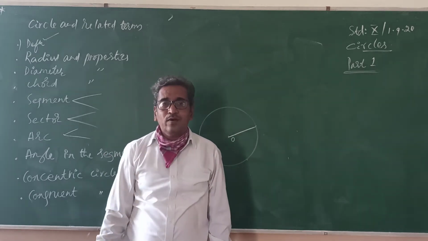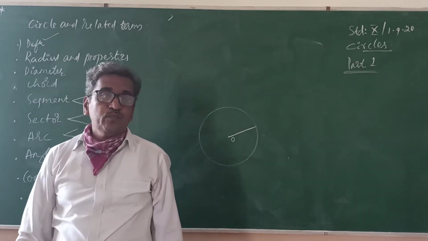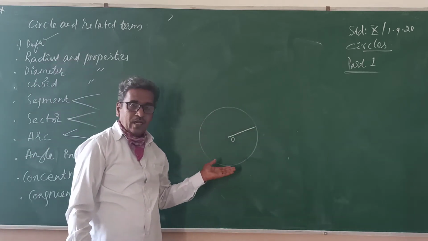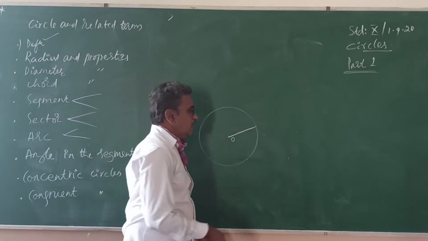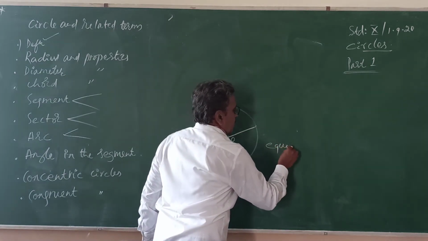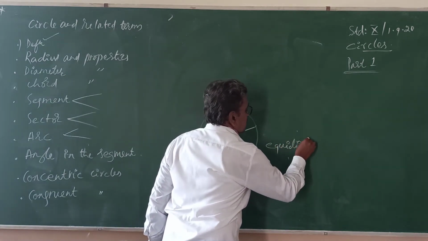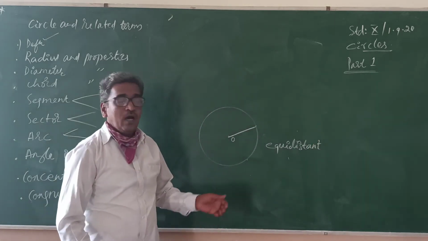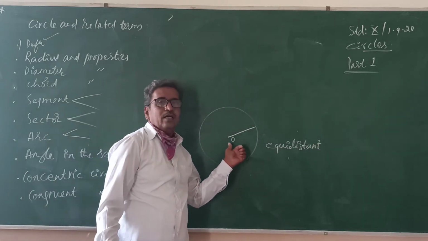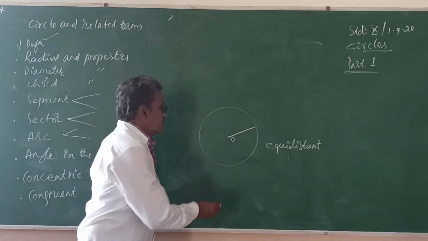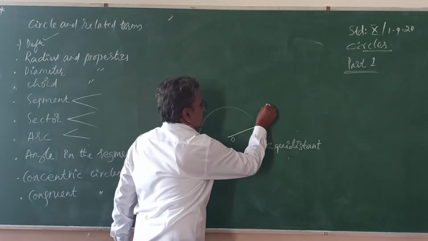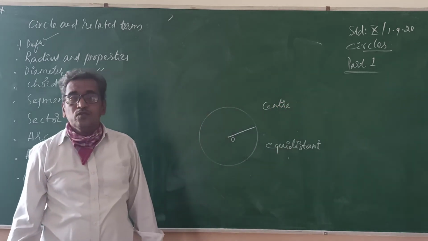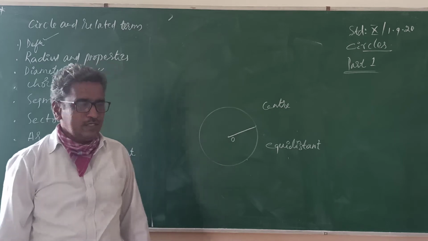Also we can define circle as a locus of a point. Infinite number of points which are equidistant from a fixed point is called a circle. So that fixed point is called the center of a circle. Yes, this is the definition.